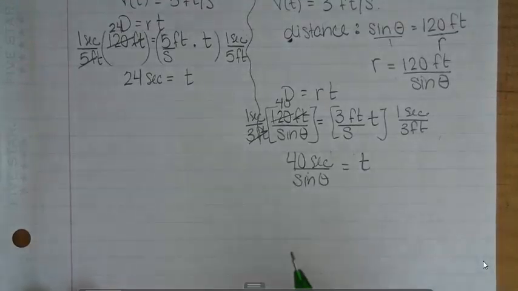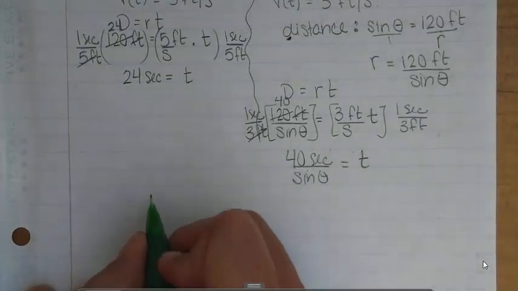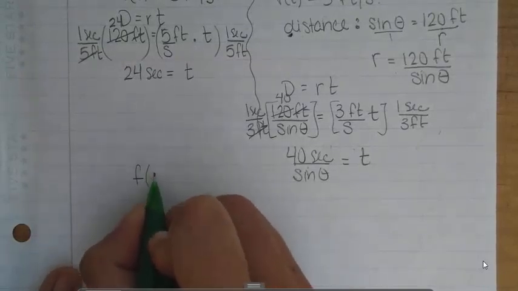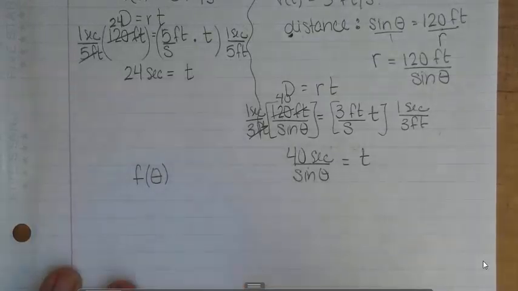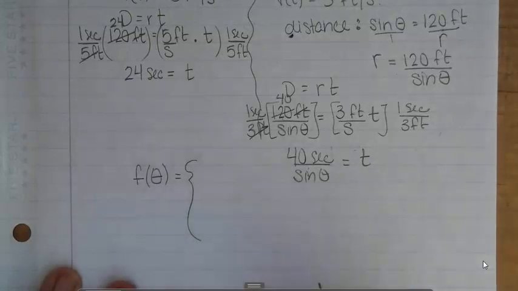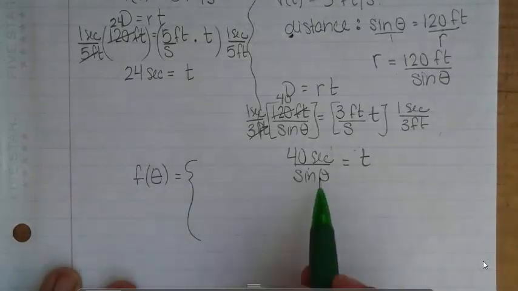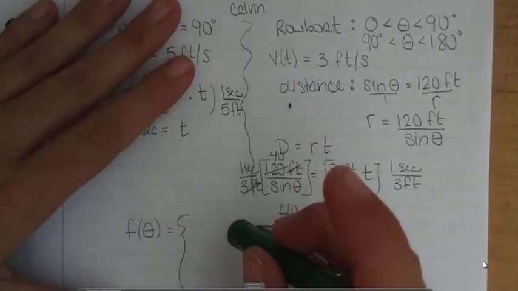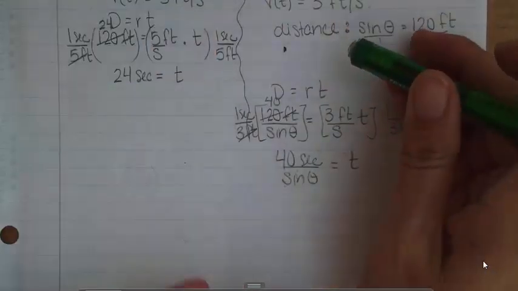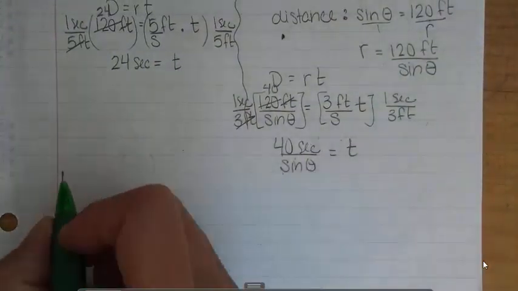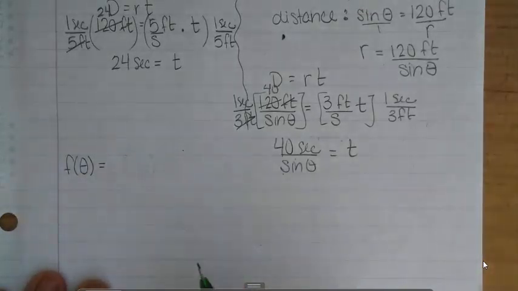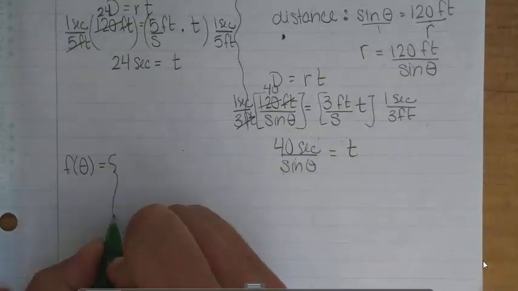So my final equation, or my piecewise function, I'm going to make a function of the angle that Calvin's journeying on. I think I'm going to run out of room right here, so I'm going to erase this and move over. It's a function of the angle, whether he's going straight across the bridge or taking that rowboat.